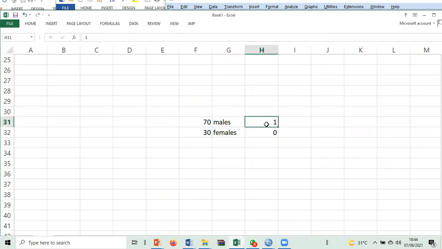So 70 times 1, and 30 times 0, which is 0. Add them up, it is 70. 70 out of 100, how much is 70 over 100? 70%. So I'm making use of this 1 and 0 coding.